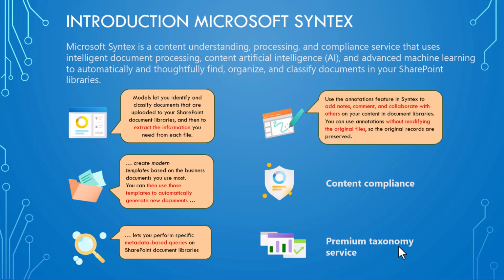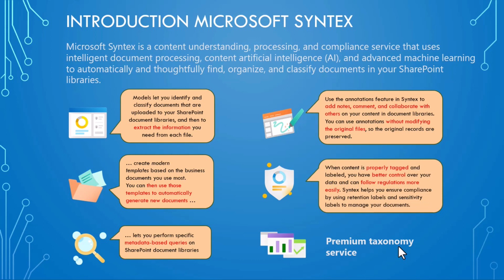Then you can do things like comments and notes, collaborate with others on your documents without modifying them. And then of course, you can also tag documents so that once a new regulation or compliance thing comes up, you know what documents might be affected.